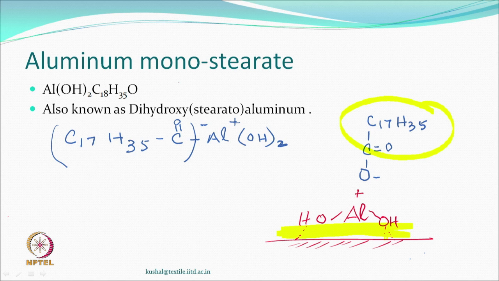But it is not just the monostearate that can be used, you can always have tri-stearate or di-stearate. So, aluminum tri-stearate, which would mean it becomes a very large molecule, which would have more stearate groups associated with one. Definitely solubility will be very, very low in water, and so in some sense you can say permanency will be more.